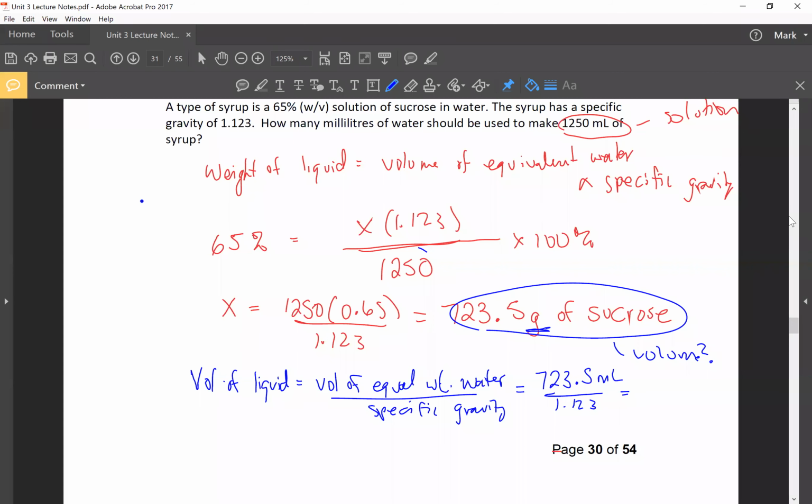Oops, why did my calculator do that? That's weird. Anyways, hold on. My calculator said something really weird. There we go. 644.25 milliliters. And now finally we can answer the question, how much water?